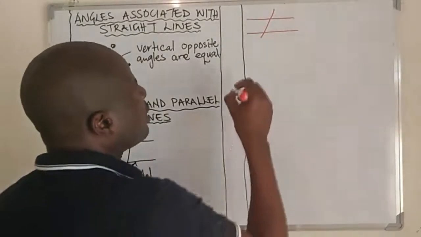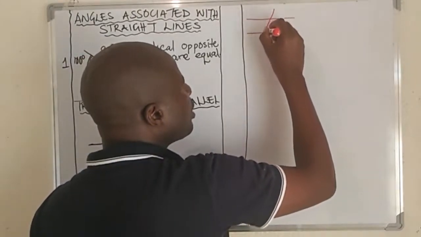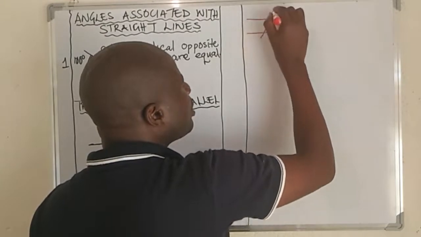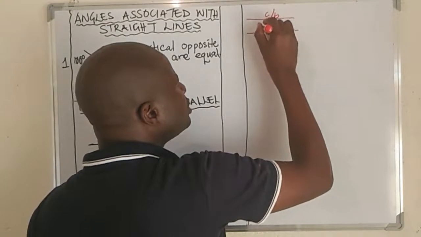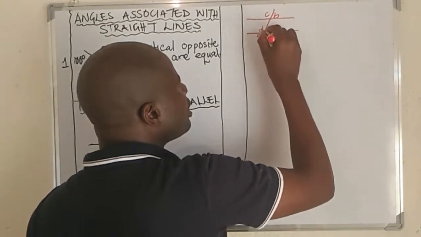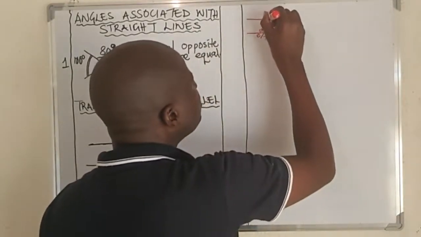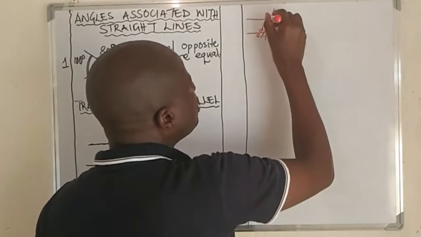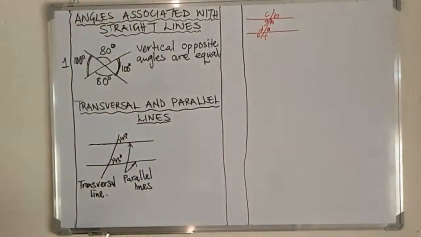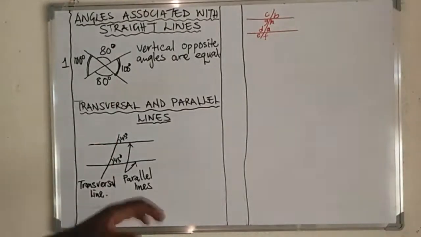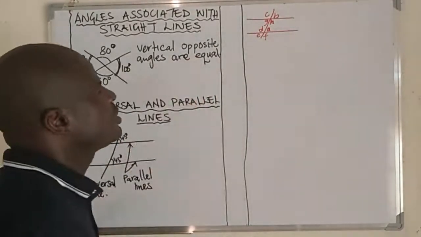Let me say this is angle A, B, C. This one should be D, E, F. Let me say F, G, and H. So these are the 8 angles that are made by the two parallel lines and the transversal line.